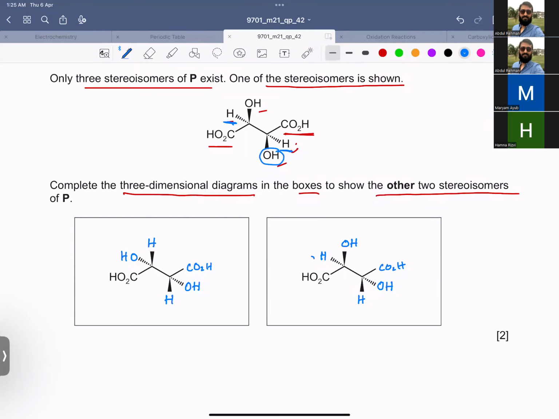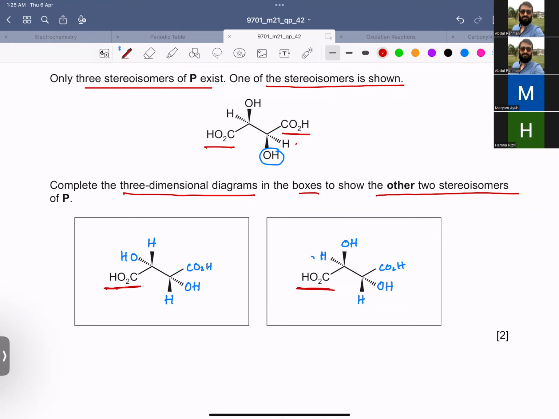Sir, how do we know that we have to fix the other carboxylic acid? Actually, we can do this. See over here. Here, both the carboxylic acids are on the plane, right? Yes. And they have given you one carboxylic acid on both the diagrams on the plane, right? Yes.